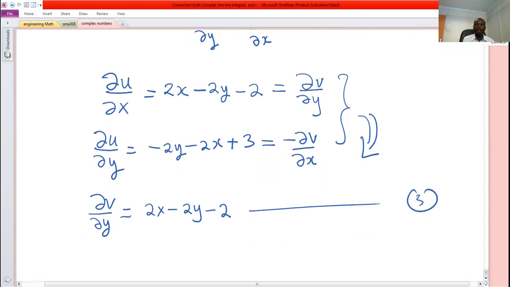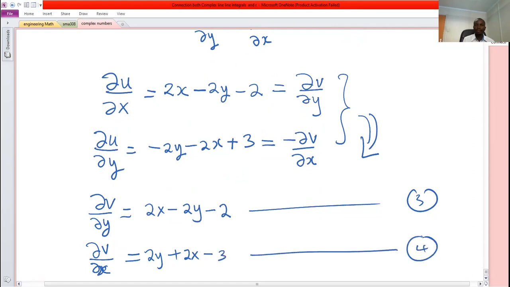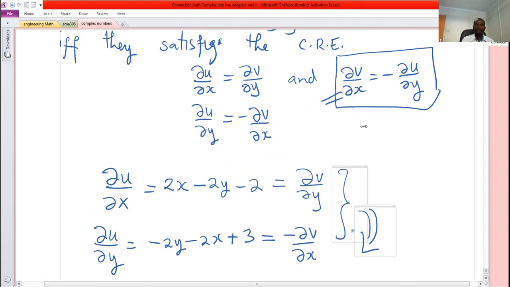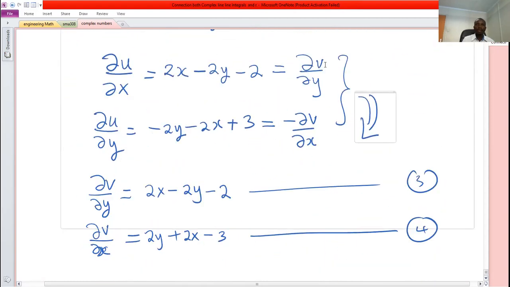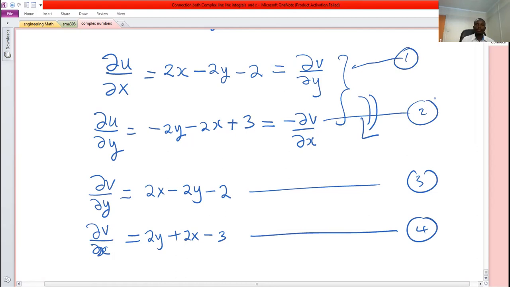And then partial v partial x, when you divide through by negative, we'll have 2y plus 2x minus 3. Call this one 4. So whereby I have called this equation 1, call this one equation 2.